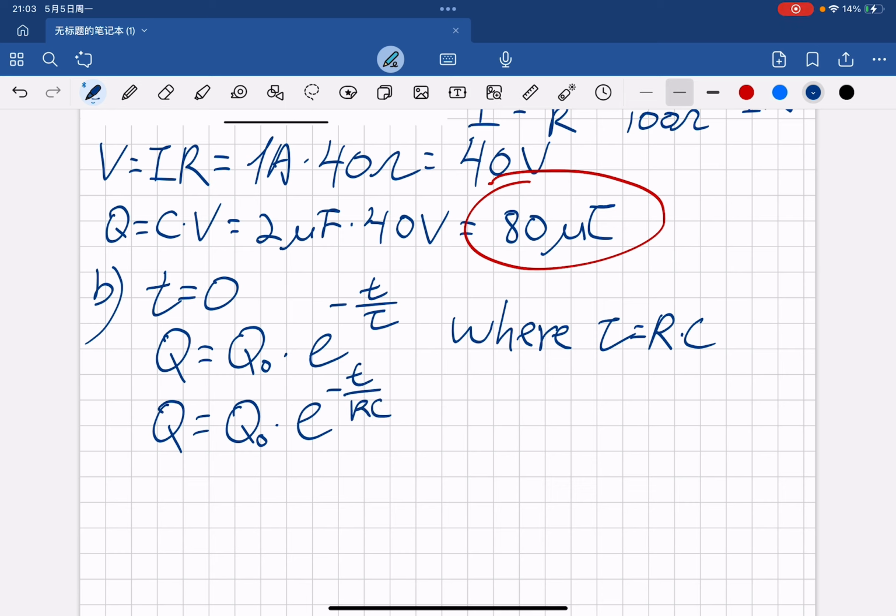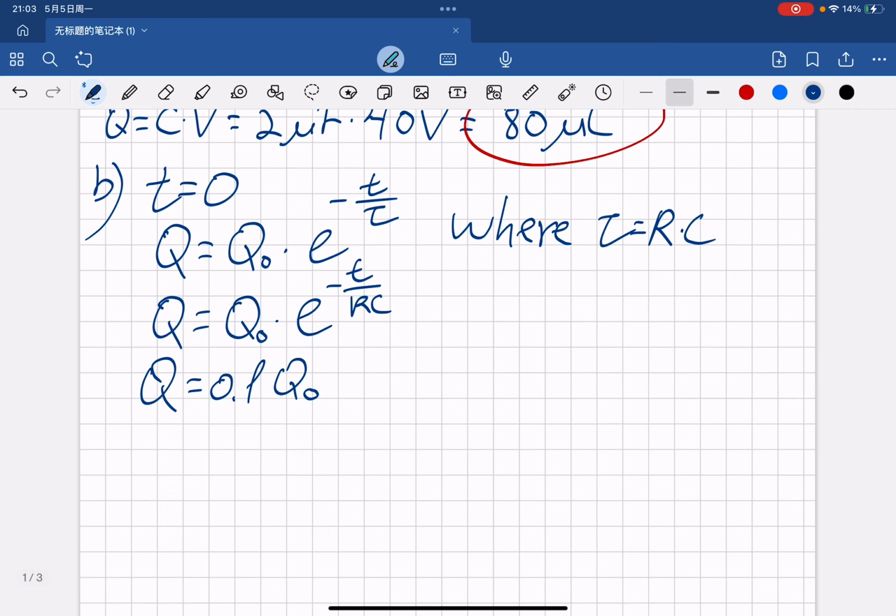We know from the question it will decrease to 10%. It means Q is equal to 0.1 Q0. So substituting into the formula, 0.1 Q0 is equal to Q0 times e to the power of minus t divided by RC.